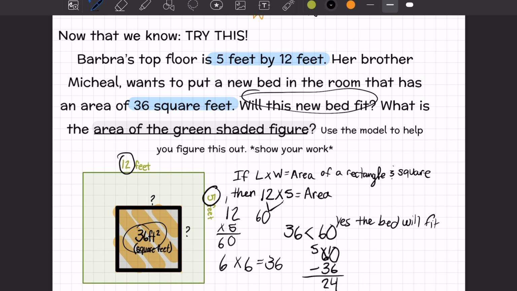So we know that the area of the shaded figure is 24 square feet, or feet squared.